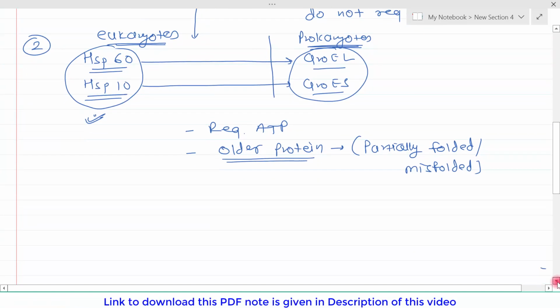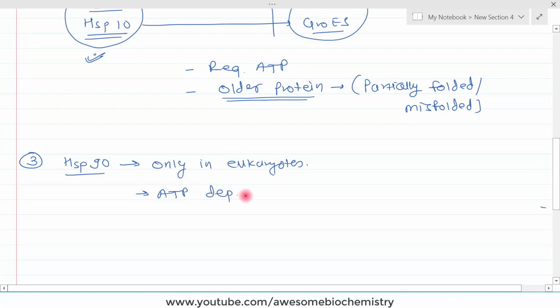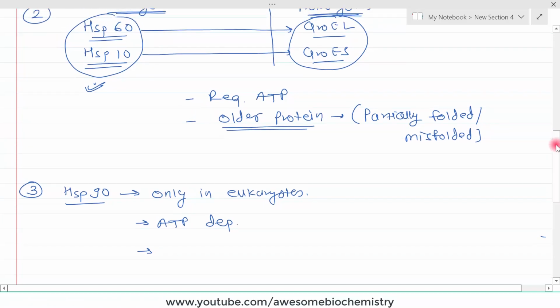Now the third system, which is exclusively found in eukaryotes, is HSP90. There is no counterpart in the prokaryotes, so we can say that it is only found in eukaryotes. Now this is also ATP dependent. It is energy dependent. And here, just like HSP60 and HSP10, this acts on older protein, or you can say in the late stage of protein folding.